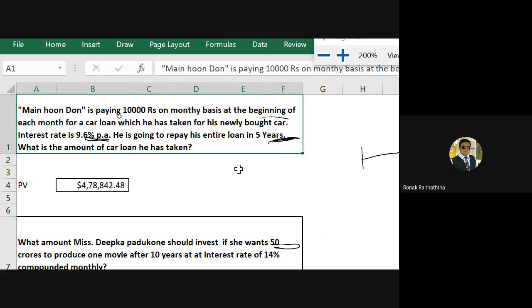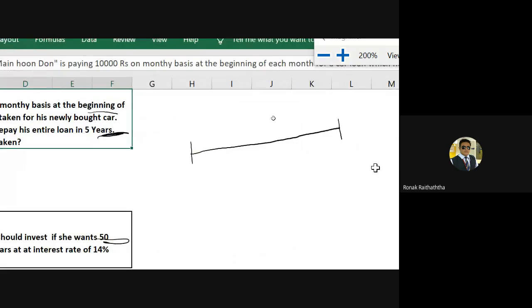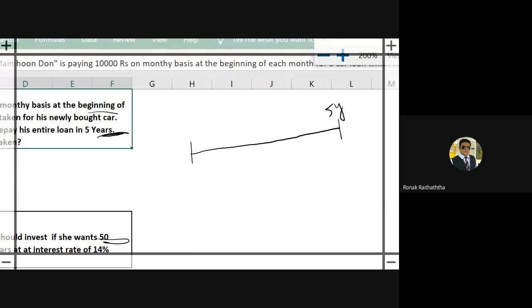What is the amount of car loan he has taken? Now for that loan, he is going to pay installments of 10,000 rupees at the beginning of each and every month. For how many years? For 5 years. So what is the loan amount he has taken? This is how the timeline looks, up to 5 years.